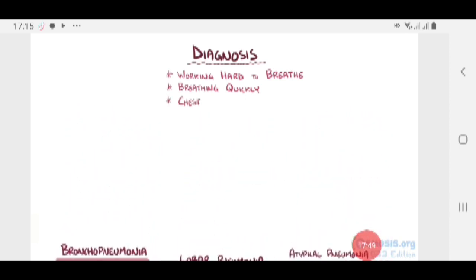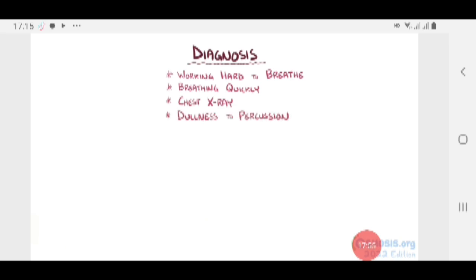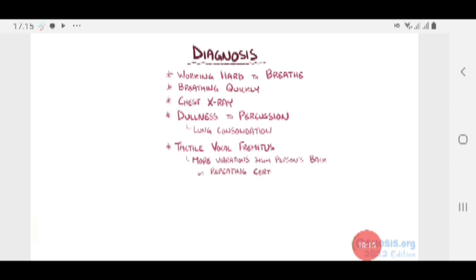Another way to detect lobar pneumonia, though, is to look for dullness to percussion, which suggests that there's lung consolidation. There's also tactile vocal fremitus, which is when you can feel more vibrations from a person's chest or back after they repeat certain phrases.